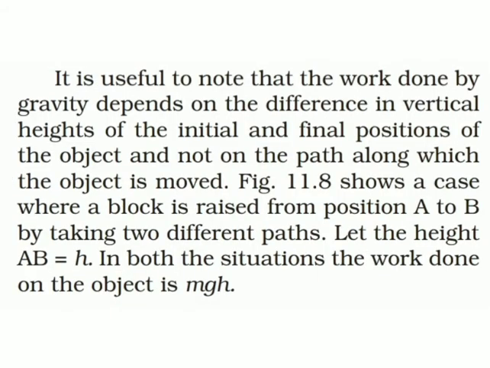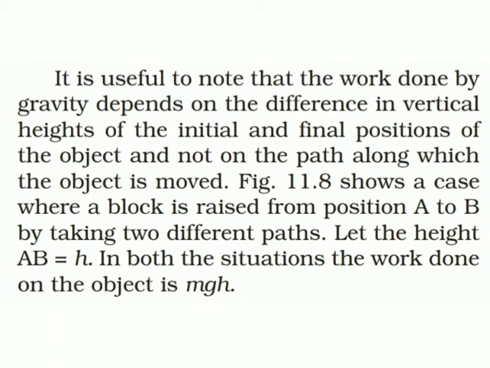It is useful to note that the work done by gravity depends on the difference in vertical heights of the initial and final positions of the object, and not on the path along which the object is moved. Figure 11.8 shows a case where a block is raised from position A to B by taking two different paths.